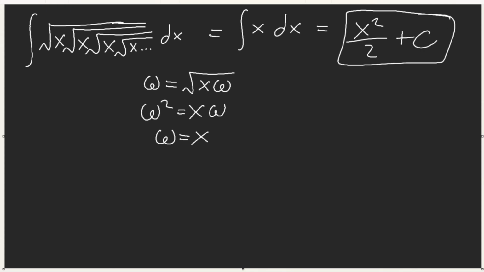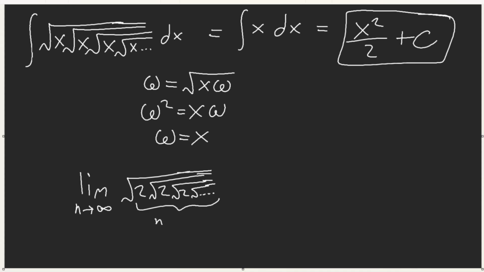Think of it as convergence. If you let n go to infinity, n times, it will converge to equaling 2.